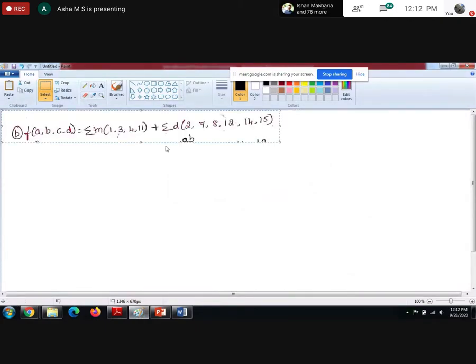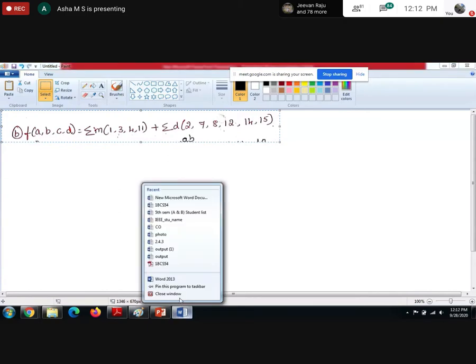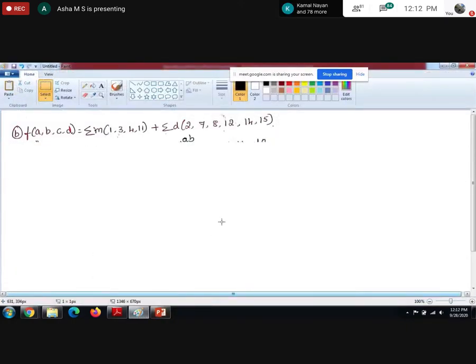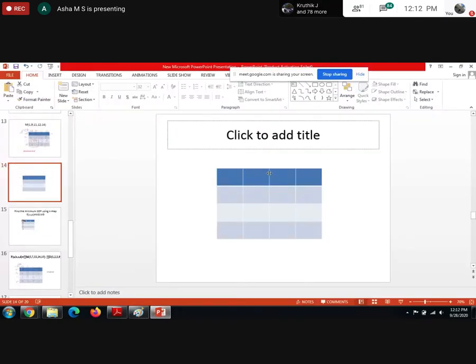We need to find out both POS and SOP. Take it down and try to find out both SOP as well as POS. Try to solve both the forms.